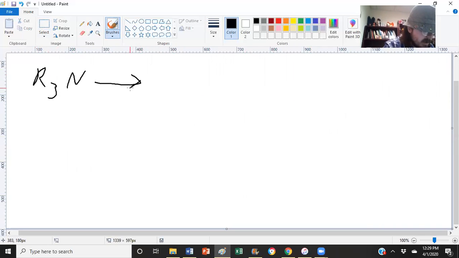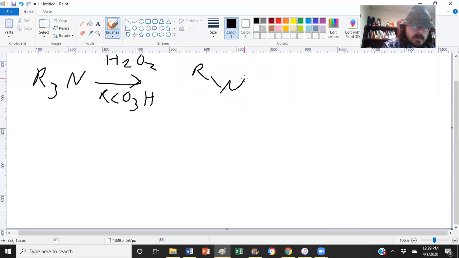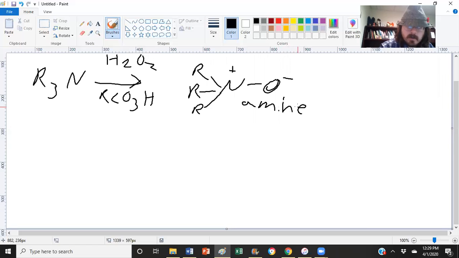If I oxidize that, usually either with peroxide or with peroxy acids, so permanganate, not so much, we can form that amine oxide. Once again, that's also very limited on what you can form.